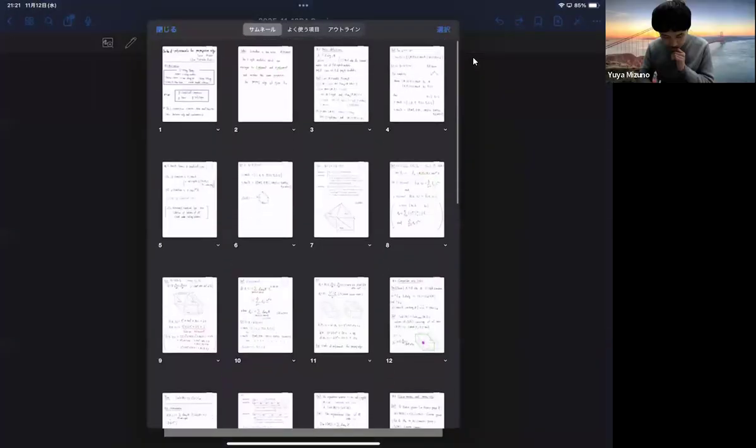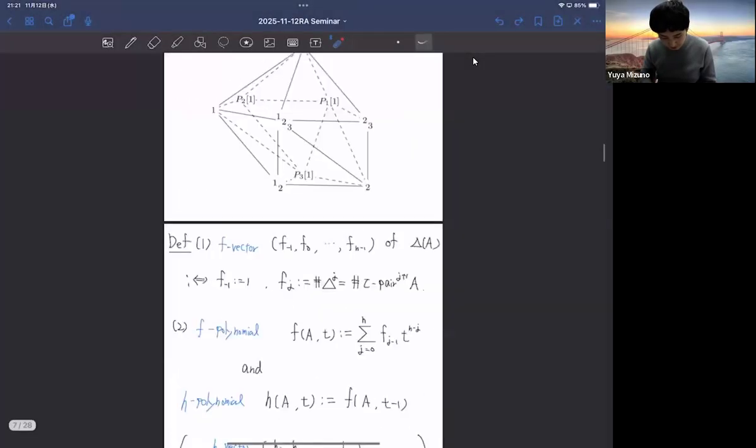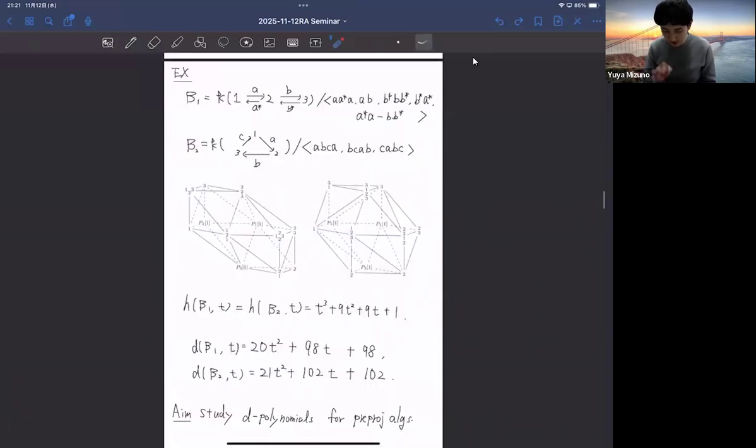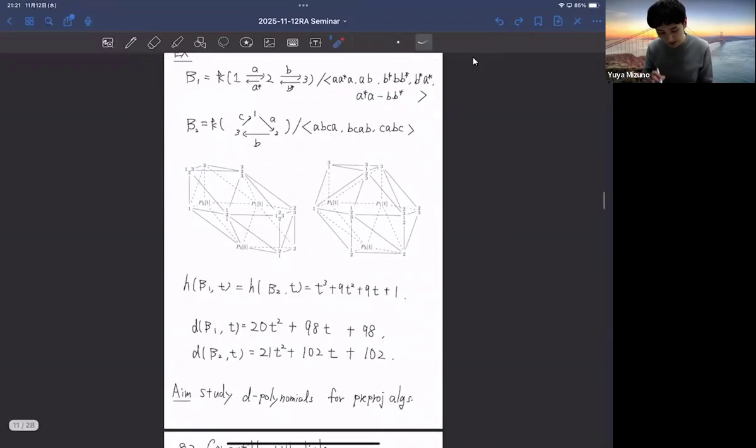Ah, I see. In the case of a simplicial complex, the F polynomial and the H polynomial just focus on the structure of the simplicial complex. So they don't say anything about the homological property, namely about the dimension or any modules.